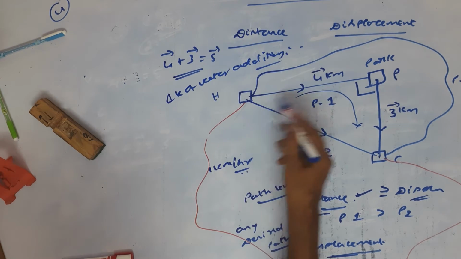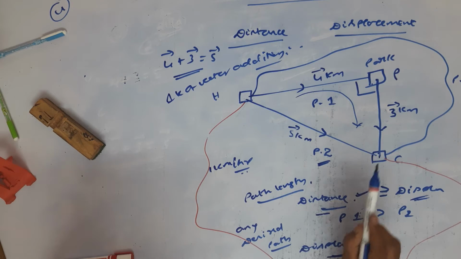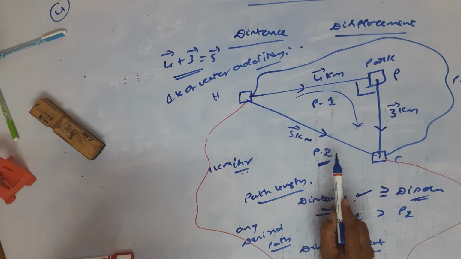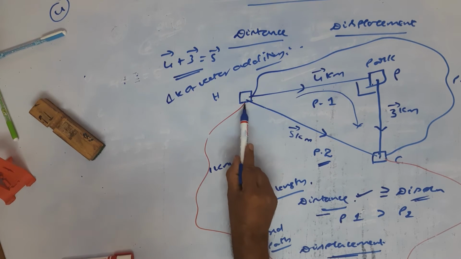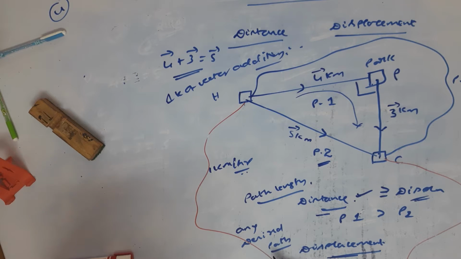A very simple thing I am presenting. Then I ask the question, state the triangle law of vector addition. If any two vectors acting at a point are represented by the two sides of a triangle, both in magnitude and direction, then the third side taken in the reverse order represents the resultant both in magnitude and direction.